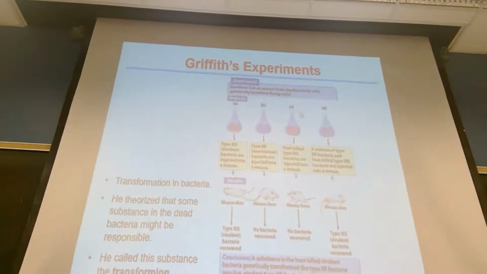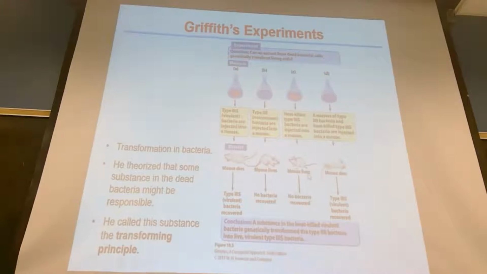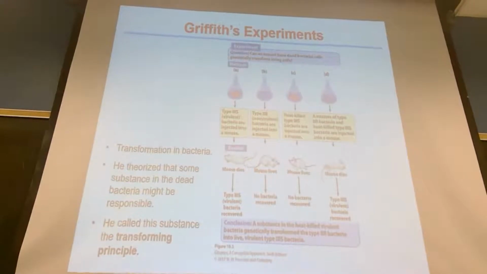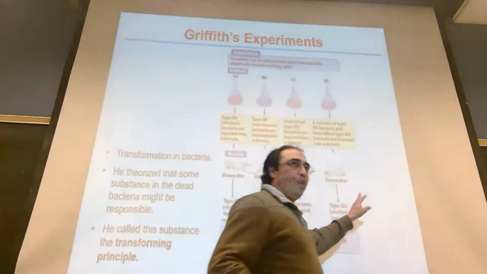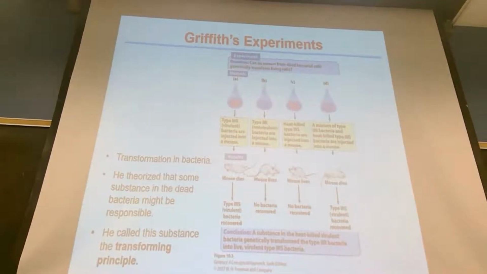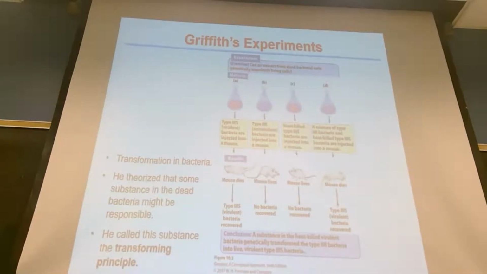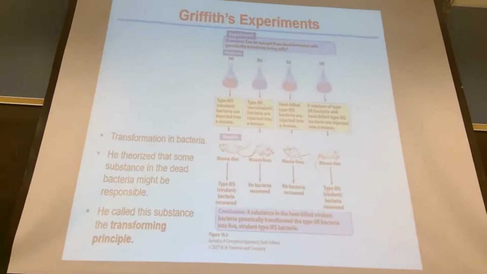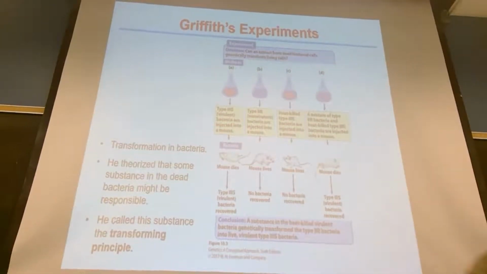So when he injected the heat-killed bacteria into mice, they did not cause pneumonia, so the mice live. Now he put those two types together. The non-virulent type will not cause any pneumonia, and the heat-killed bacteria will not cause any pneumonia. He mixed these two together and put them into mice, and the mouse dies.